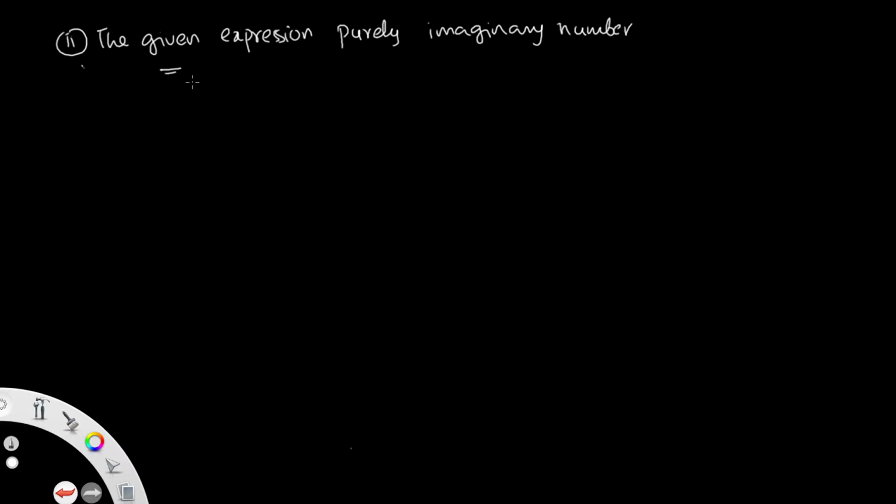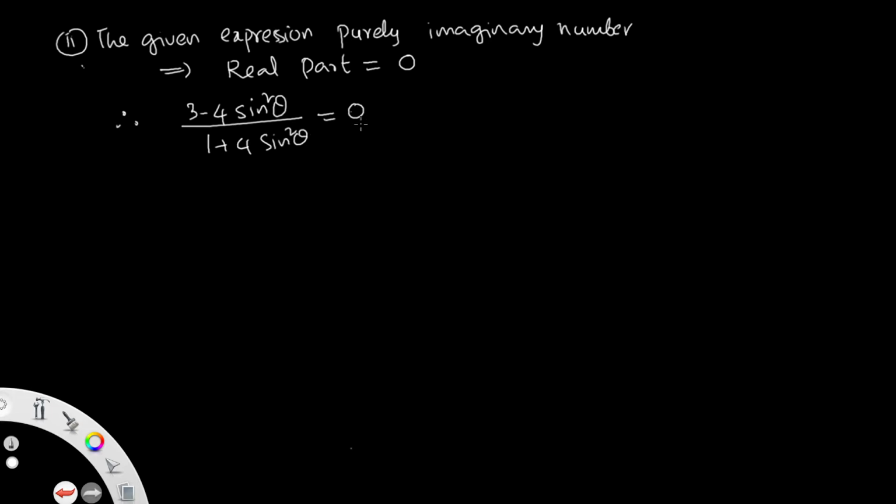That implies the real part of the expression should be equal to 0. Therefore, the real part we already got, 3 minus 4 sine square theta divided by 1 plus 4 sine square theta, equal to 0. Make it 0. That means 3 minus 4 sine square theta equals 0.